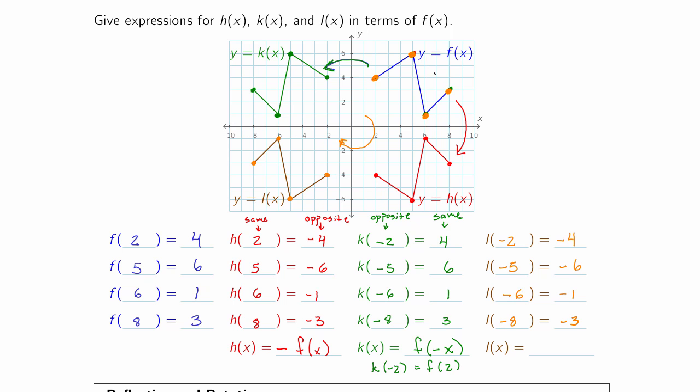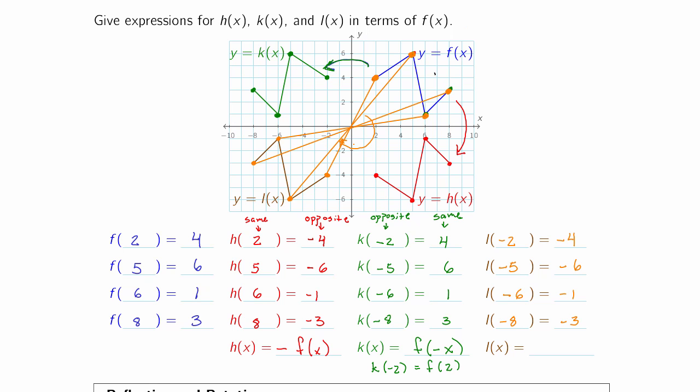The easiest way to see what's going on here is if I draw a straight line connecting a corresponding pair of points. That passes right through 0, 0. And a straight line, that's 180 degrees.